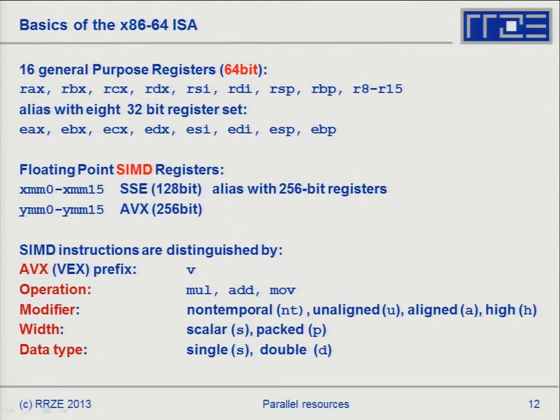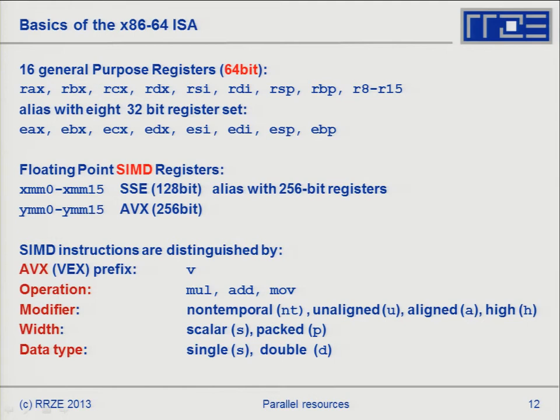High is used if, for example, with a load, we only load the high part of a register. So you can load, for example, the upper 8 bytes of an SSE register with a single instruction, and this is designated by the H and a corresponding L prefix. The width is important because it tells you whether the instruction is vectorized or not.